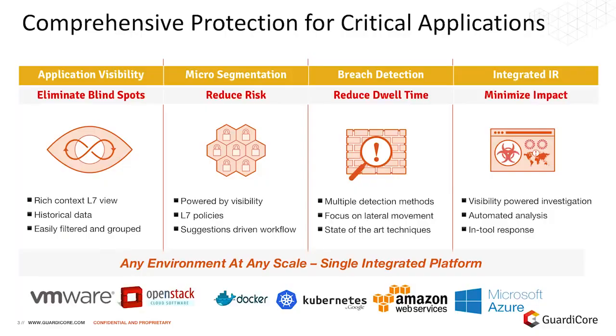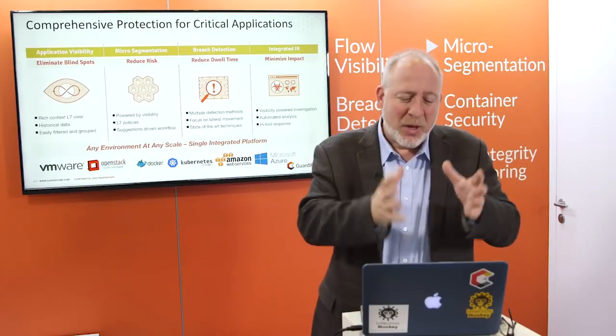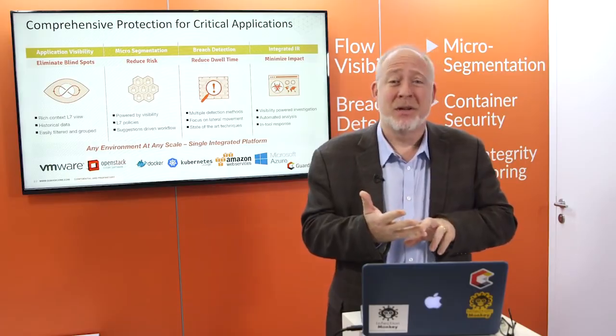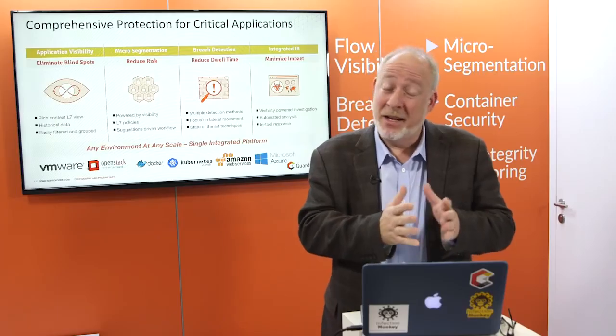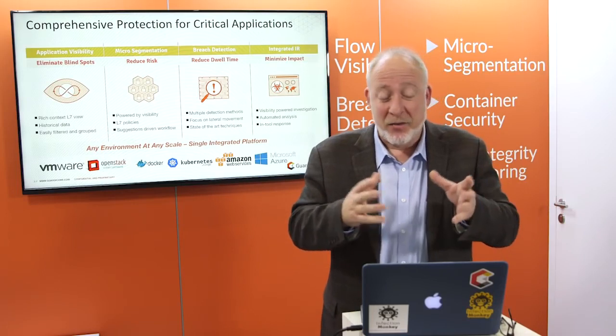From that cornerstone of visibility, we have microsegmentation. The key way that we do microsegmentation differently than anyone else is that, number one, we're converged. The idea is you do it once, you do it right, and you do it at a deep level that minimizes your attack surface. If you didn't have GuardiCore, you'd have the following problems.